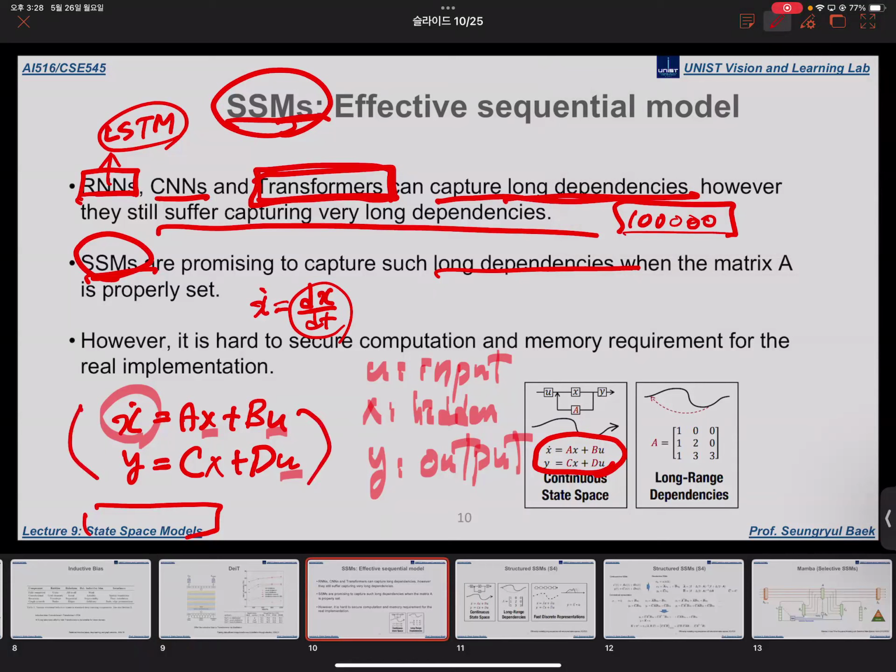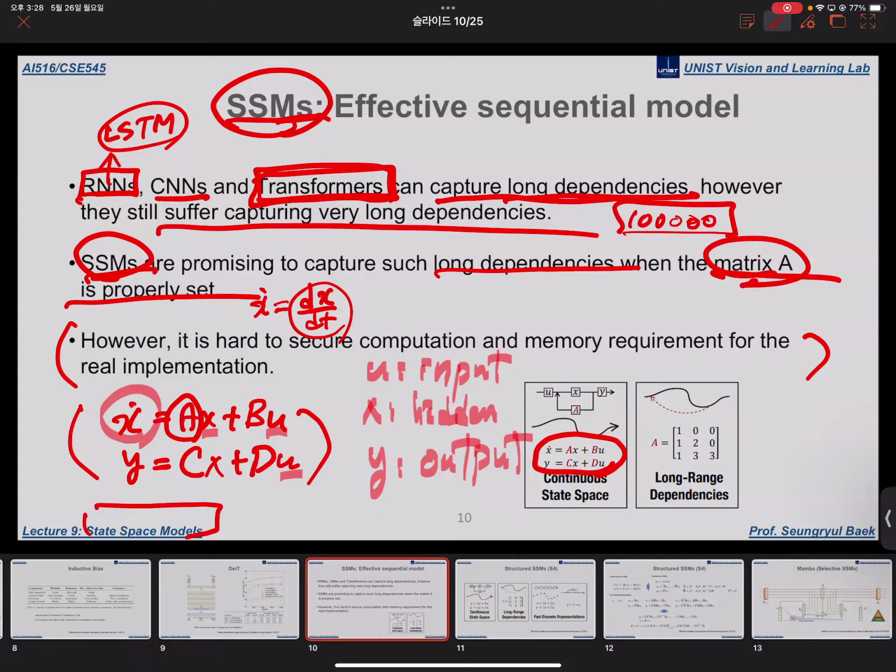They are saying that when this A matrix is properly set, this SSM can be a very good model that can capture long dependencies. That's already known in some papers. But the problem is the computation and memory requirements for the real implementation.